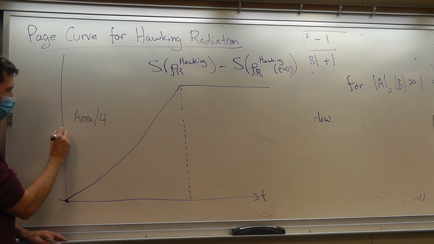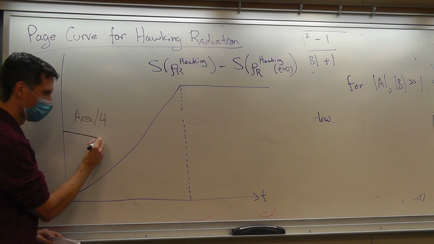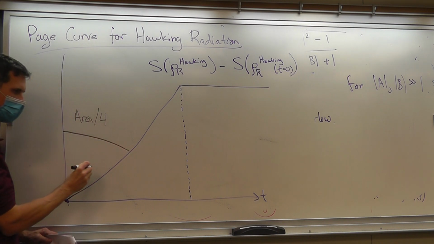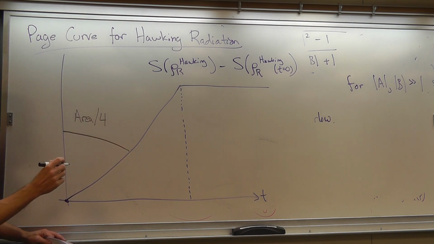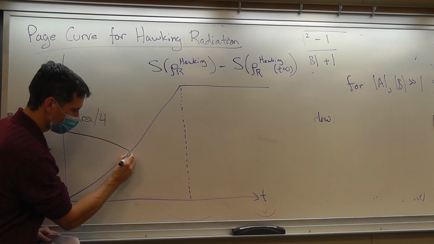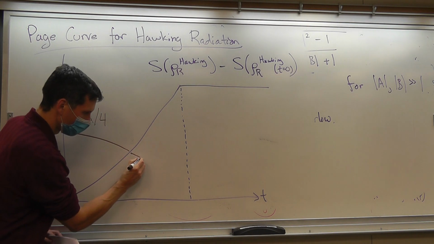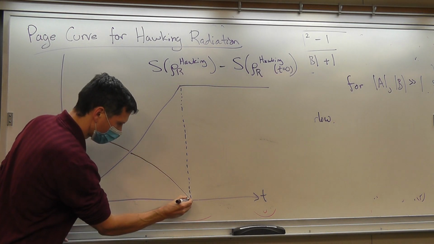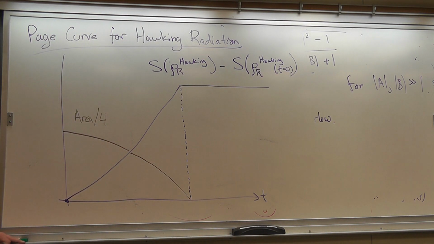The black hole is evaporating, so the area is shrinking. And actually, the further it goes, the faster the area shrinks. This is r squared. So something like that.